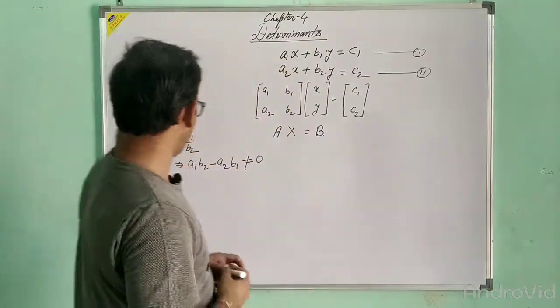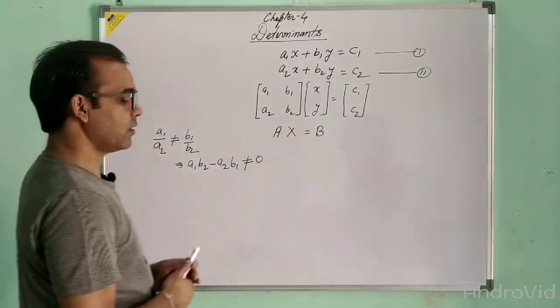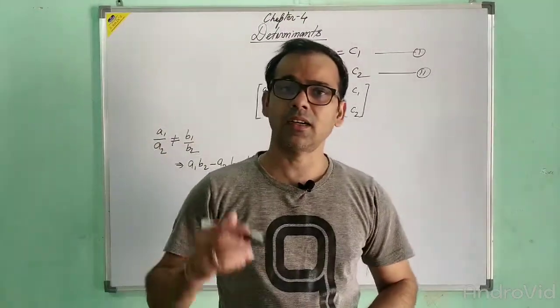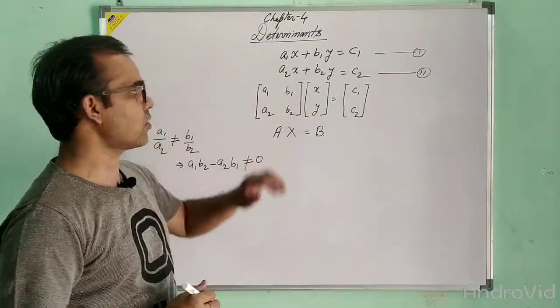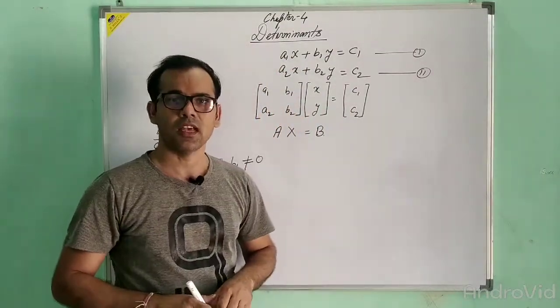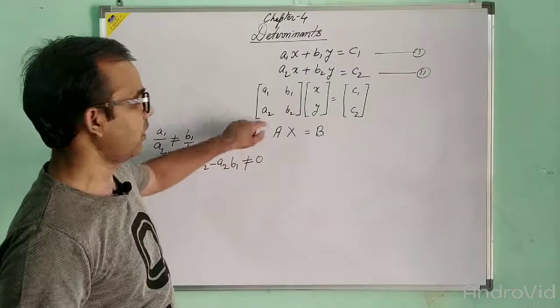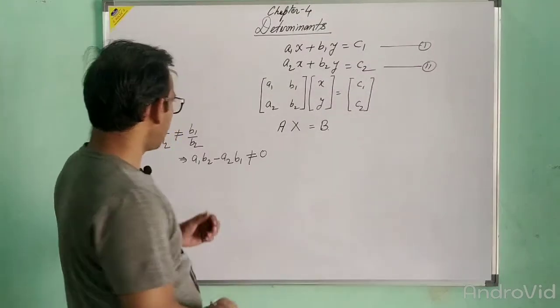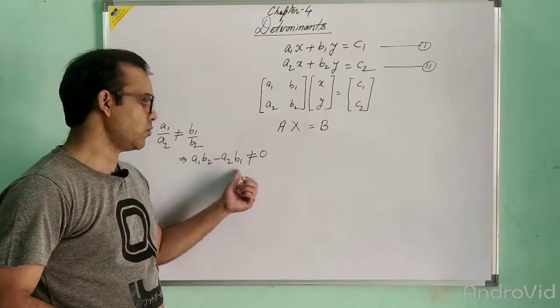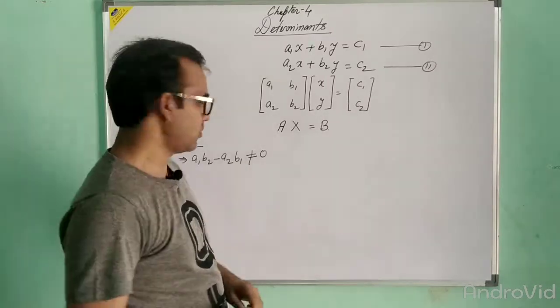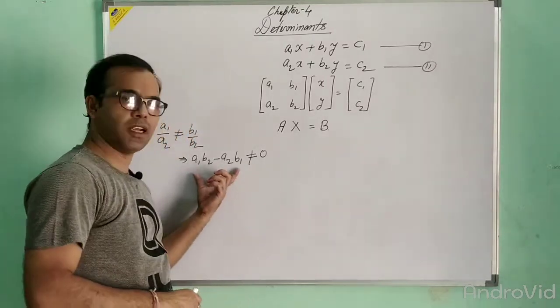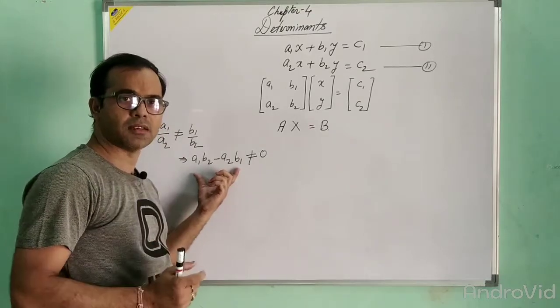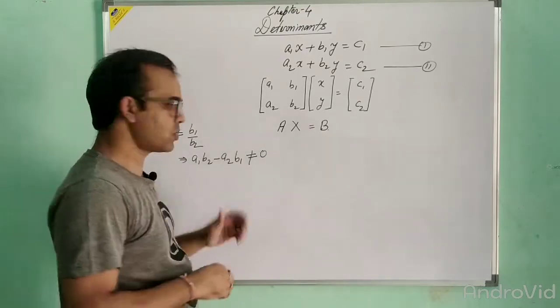So a1 b2 minus a2 b1 is the number that determines the uniqueness of the solution of the equations associated with matrix A. Is it clear? This number a1 b2 minus a2 b1 determines the uniqueness of the solution.